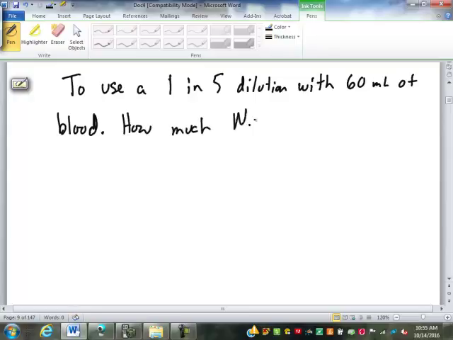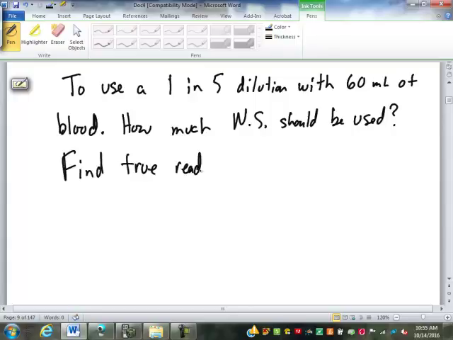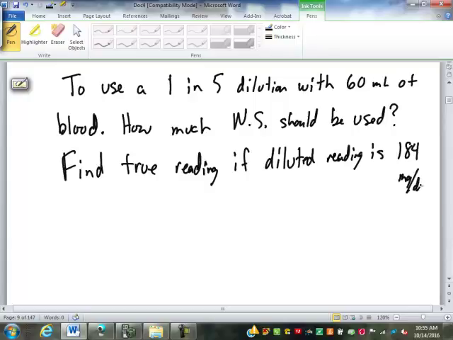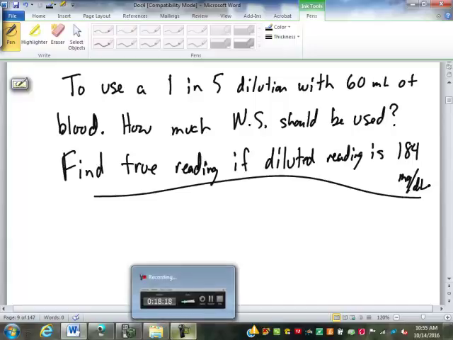How much NS should be used? And find the true reading if the diluted reading is 184 milligrams per deciliter. Pause for a minute and let you guys see how far you can get on that.